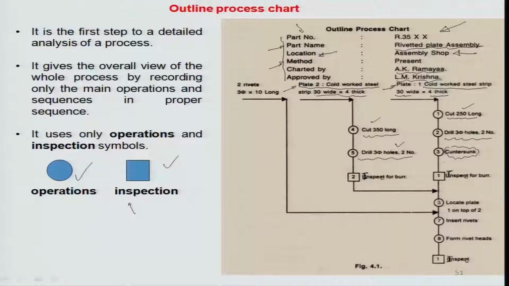So we have done a countersink, which we have machined on the top of the top sheet, and then we inspect both the samples, that is plate 1 and plate 2, for burrs, okay.